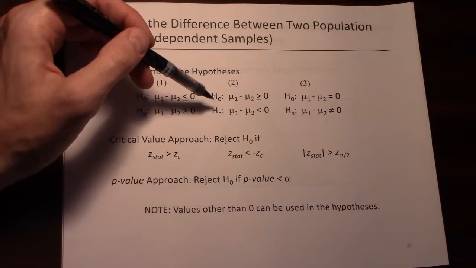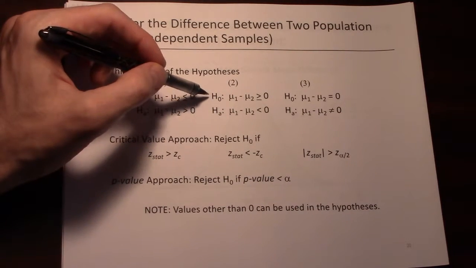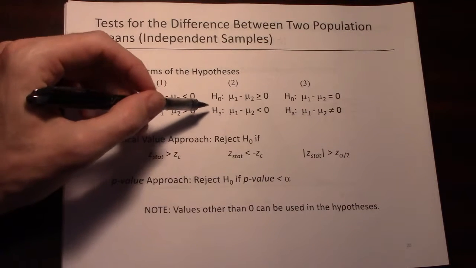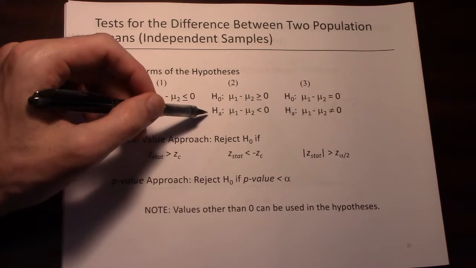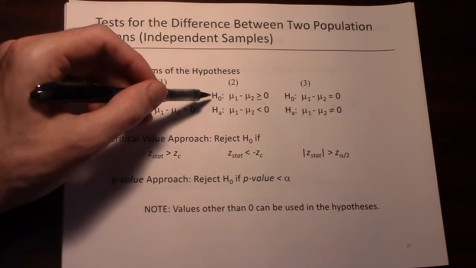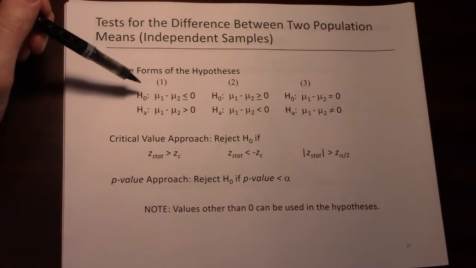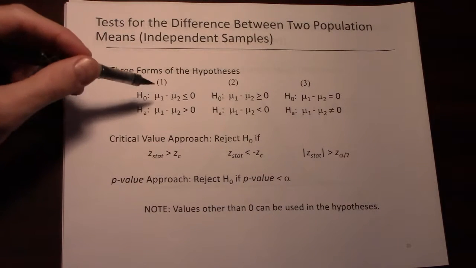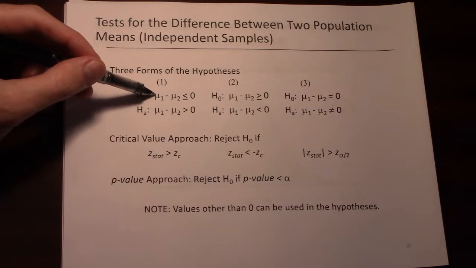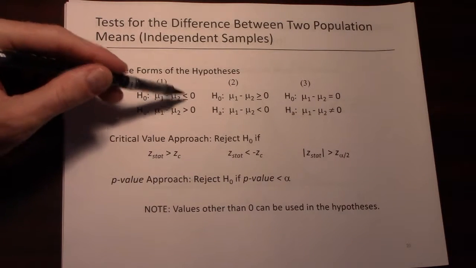And it's the same way we would say, we're going to operate under the assumption that the null hypothesis is true. The alternative hypothesis is the opposite of that, and we're going to see if we find overwhelming evidence to disprove the null. And finally, if we want to set up the test, the population mean in town 1 minus the population mean in town 2 is less than 0.